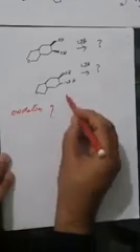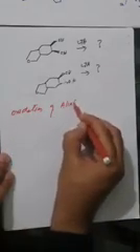Now we will discuss the second application of lead tetraacetate, that is the oxidation of alcohols. Previously we studied the oxidation of 1,2-diols using lead tetraacetate. Now we'll study the oxidation of alcohols.